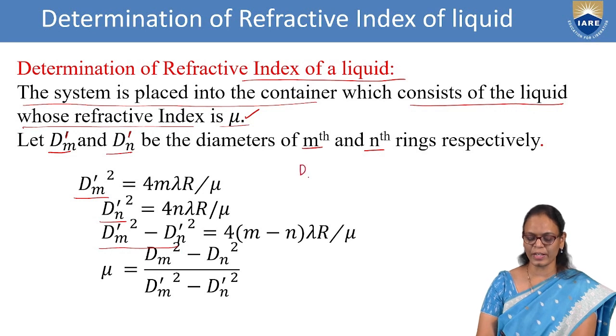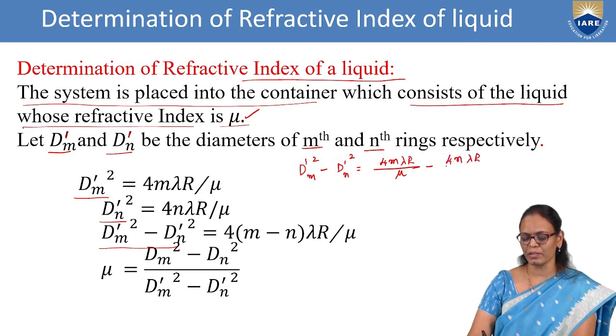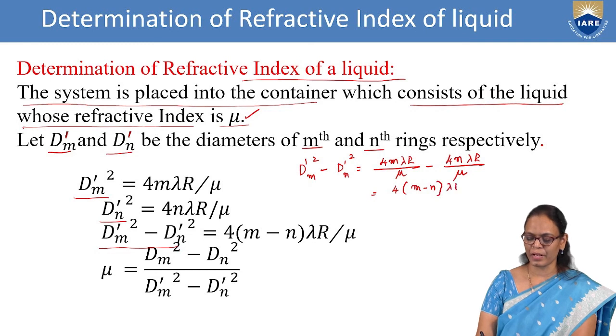So, when we are doing dm prime square minus dn prime square, it will be 4m lambda r by mu minus 4n lambda r by mu. If you rearrange the terms, we get 4 into (m minus n) into lambda r by mu.